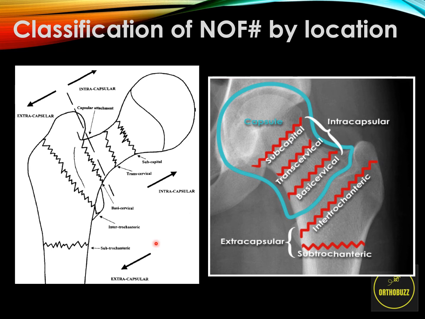And this is depicted clearly on the right-hand side with the capsule drawn in blue, and therefore we can see that subcapital fractures and transcervical fractures are intracapsular fractures, and therefore place the head of the femur at risk of avascular necrosis. Intertrochanteric and subtrochanteric fractures are extracapsular fractures, and basicervical are on the boundary of being intra or extracapsular. So why is this important?